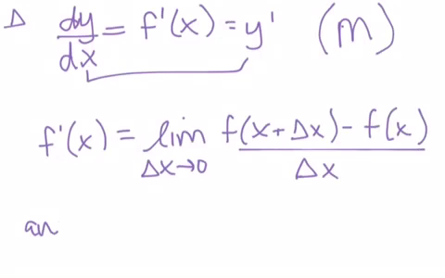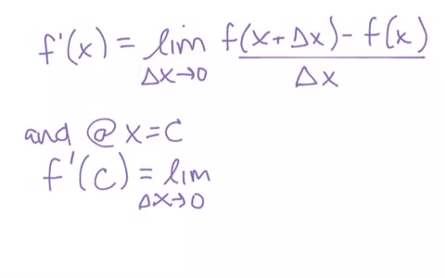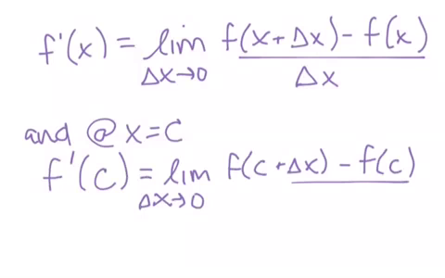So if I want a specific point, then f prime of c. So for instance, if I ask the question, how fast was I driving at minute 23, my c value would be 23. So I would plug that in for x. And still looking at when does delta x go to 0.